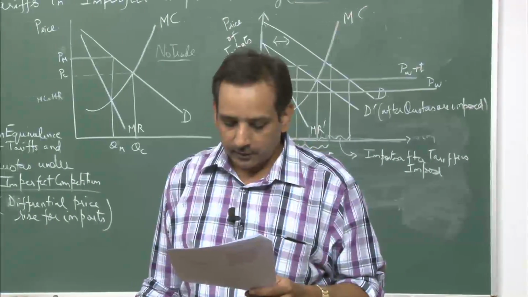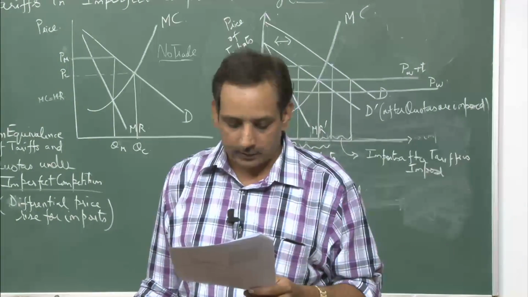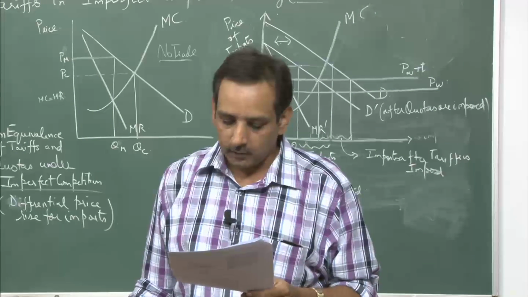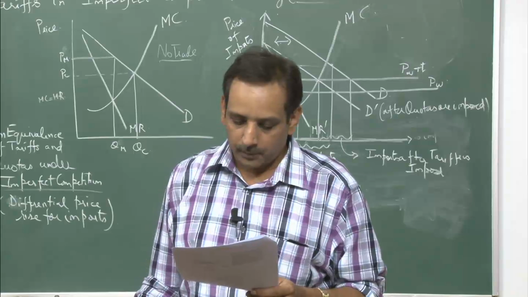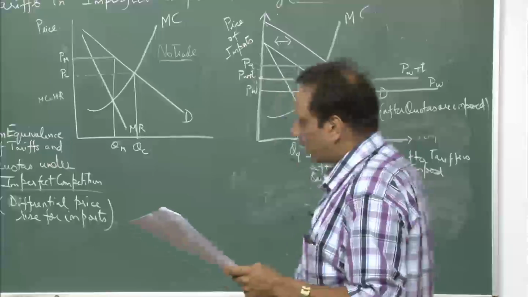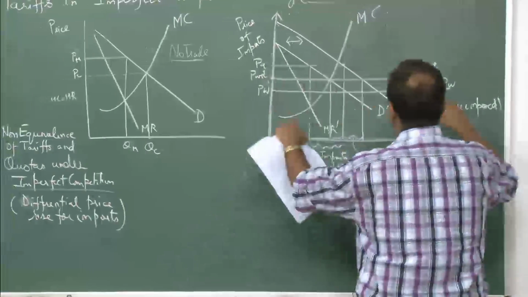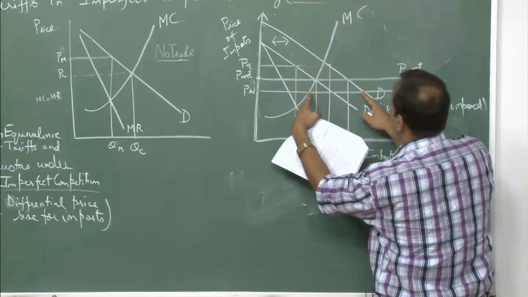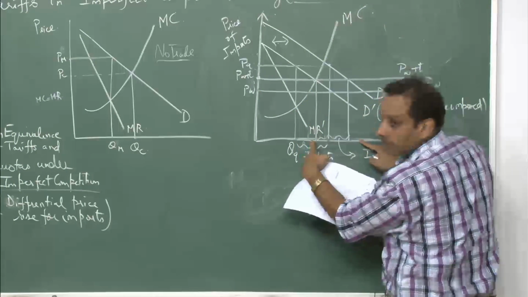So under free trade, the home monopolist produces at point B and charges the world price of PW. With a tariff of T, the monopolist produces at point C and charges the price PW plus T. So please look at this. This is the world price. So the free trade imports are this much.